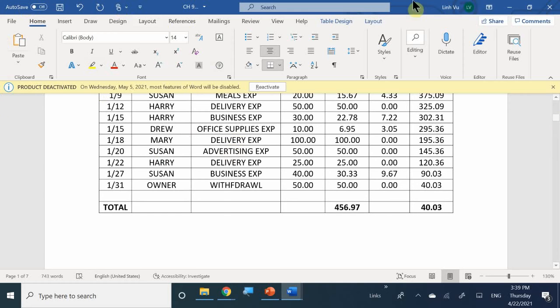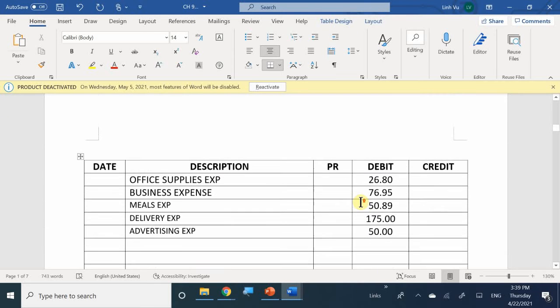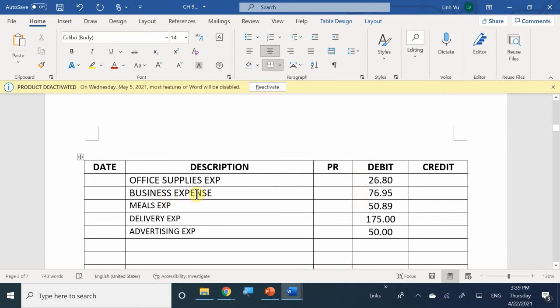Another business expense for $30.33. So what's my total here? $107.28.